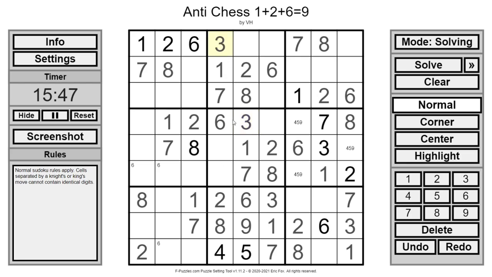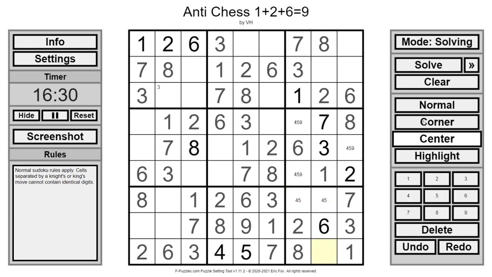Which is very convenient. 4, 5 pair gives us this 9 and this 9 because it couldn't be a 4 or a 5 in there.